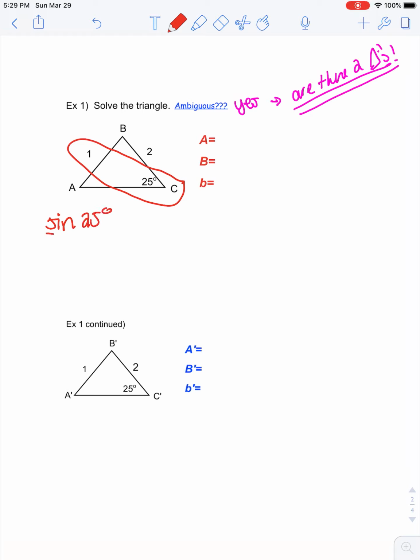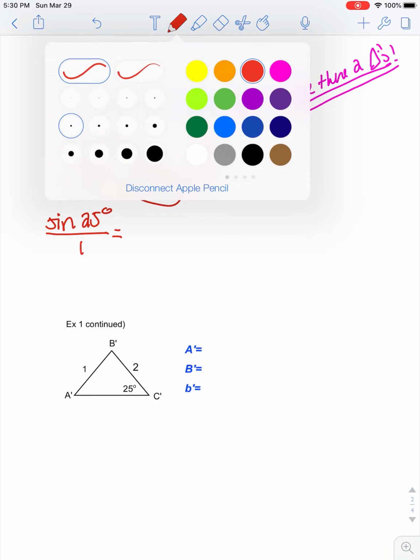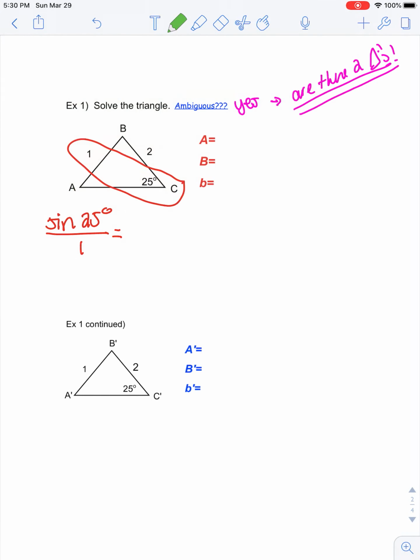For example, we can say the sine of that 25 degrees over 1 is my first ratio. Now, the only other side that we're given here is this side 2, so we're going to write our second ratio to allow us to solve for angle A by saying the sine of angle A over 2 would be equal to the first ratio.